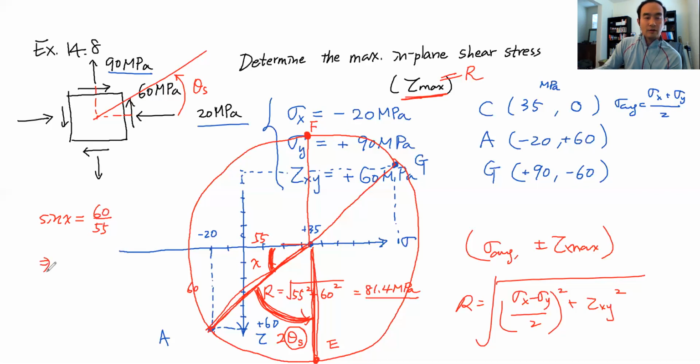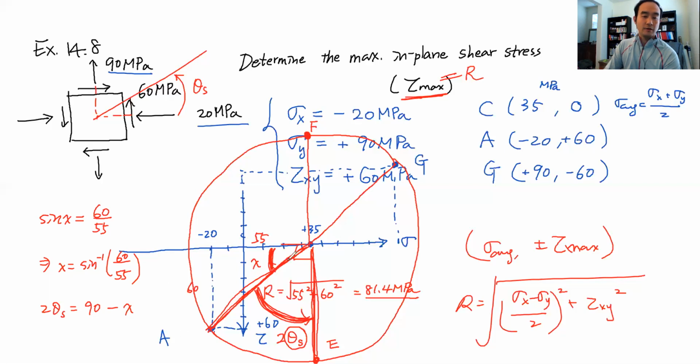So you can use the arcsine function. You can easily find this one, and then 2 times theta s will be equal to 90 minus whatever x from this calculation, and then divided by 2, that is going to be theta s.